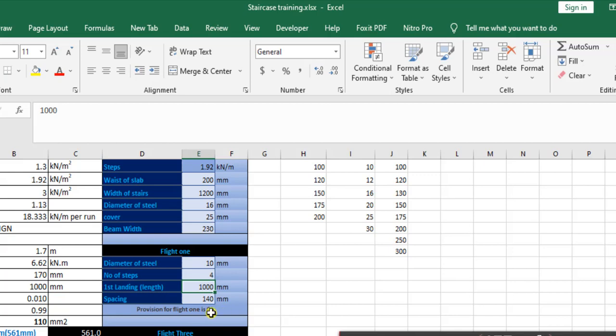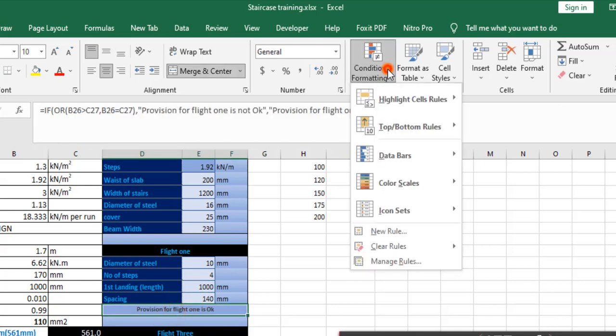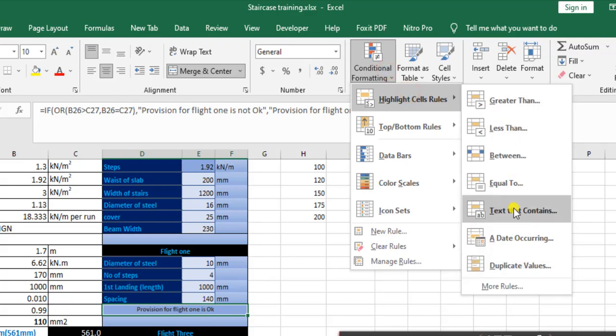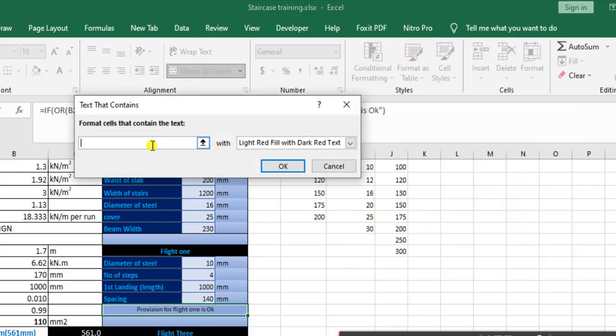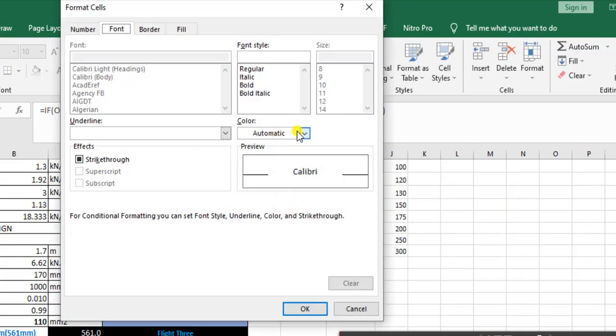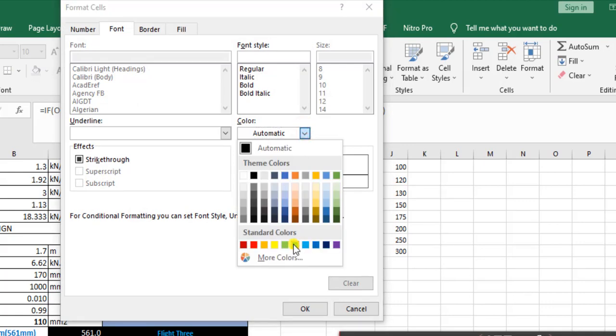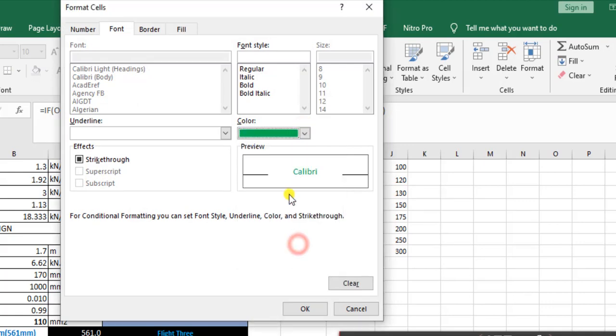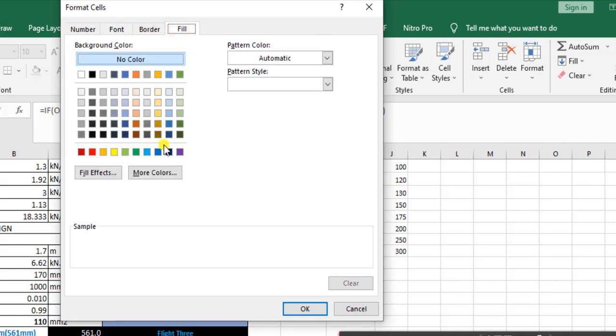You can also do the same thing for "it's okay." Let us enter "it's okay." Text that contains "it's okay." What do you want to format it with? We want a green color, bold, and for the fill, we want light blue.